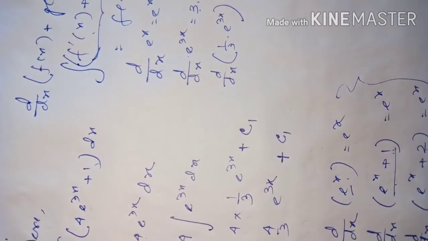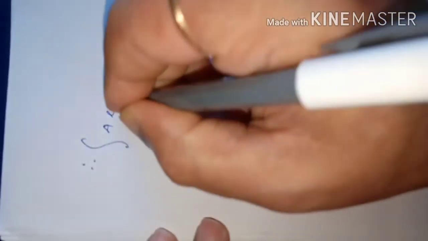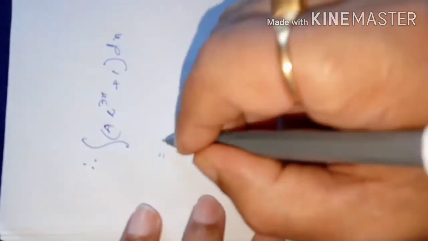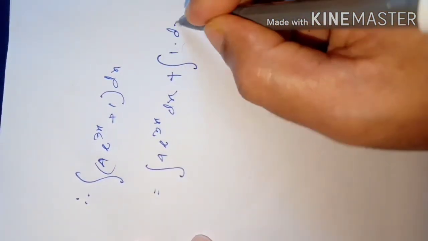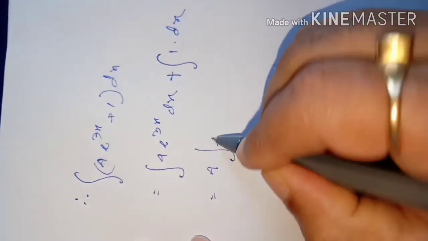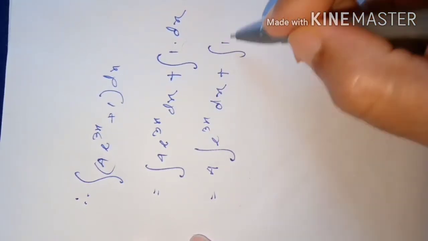Remember this. So then we can write now, as you see the whole thing once again, therefore, the antiderivative of 4e to the power of 3x plus 1 with respect to x. We can write it this way: 4 times the antiderivative of e to the power of 3x with respect to x plus the antiderivative of 1 dx.